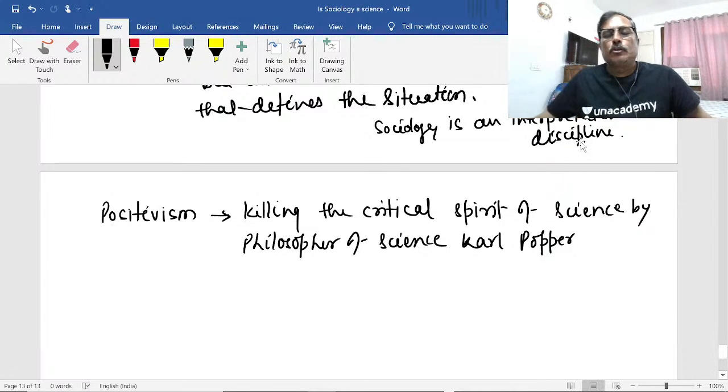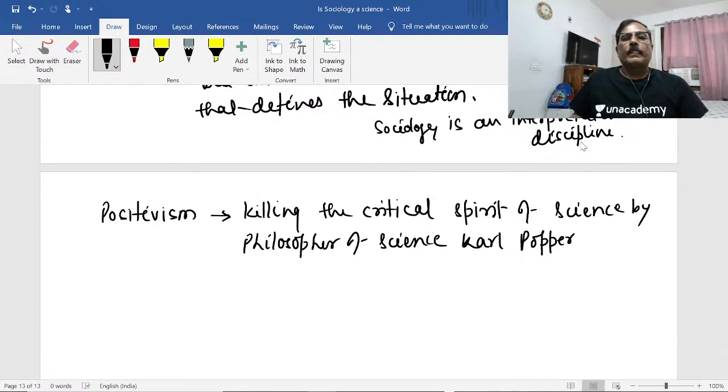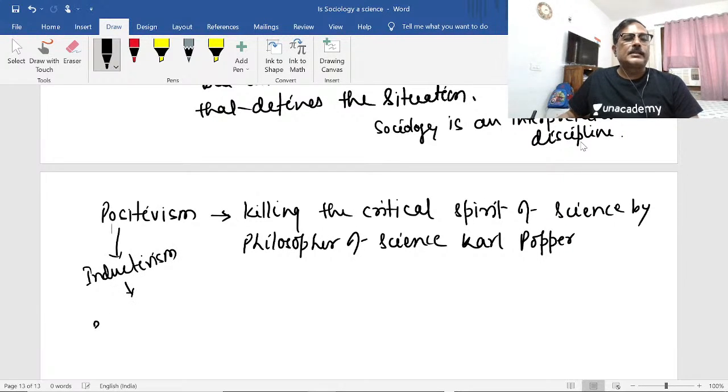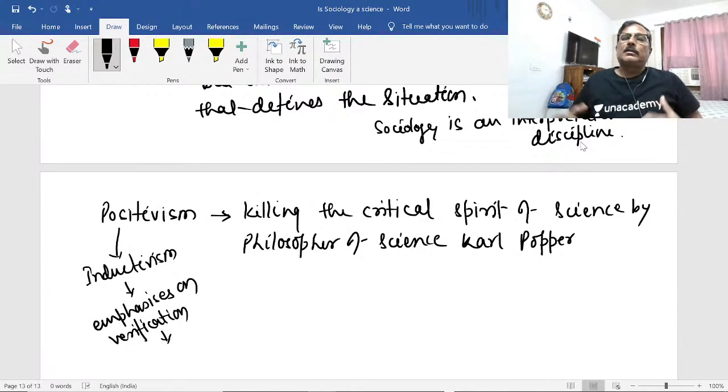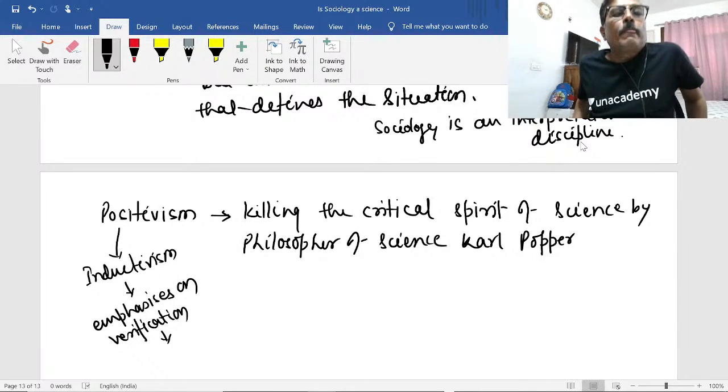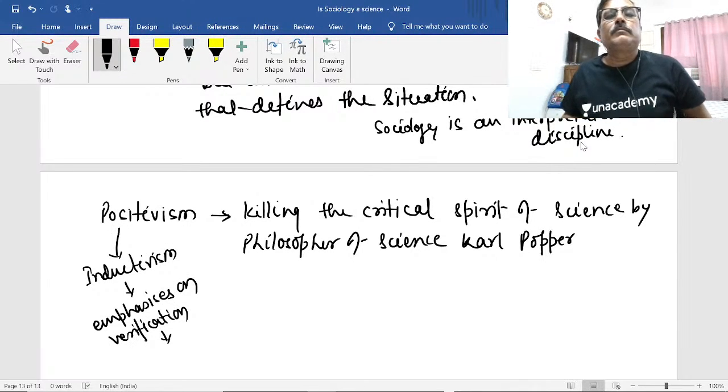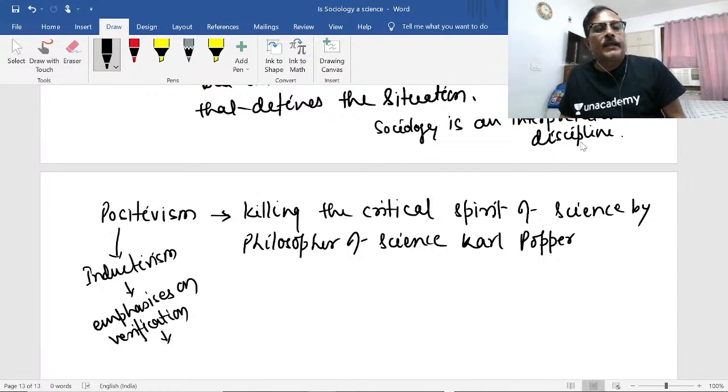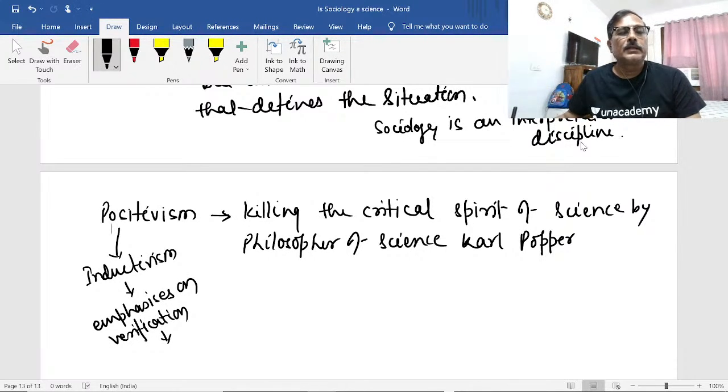Right. So, philosopher of science Karl Popper, what he said, positivism, or what we had said, inductivism, emphasizes verification, right? If you are coming to the same conclusion again and again, then you start taking things for granted, right?